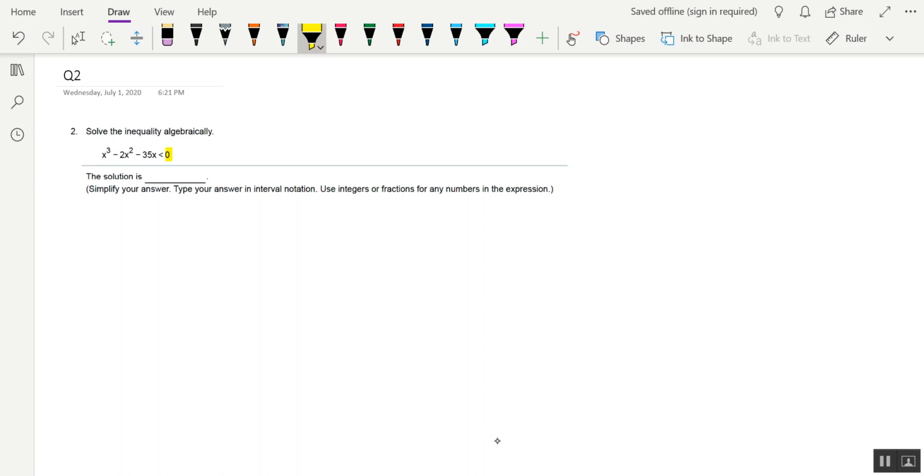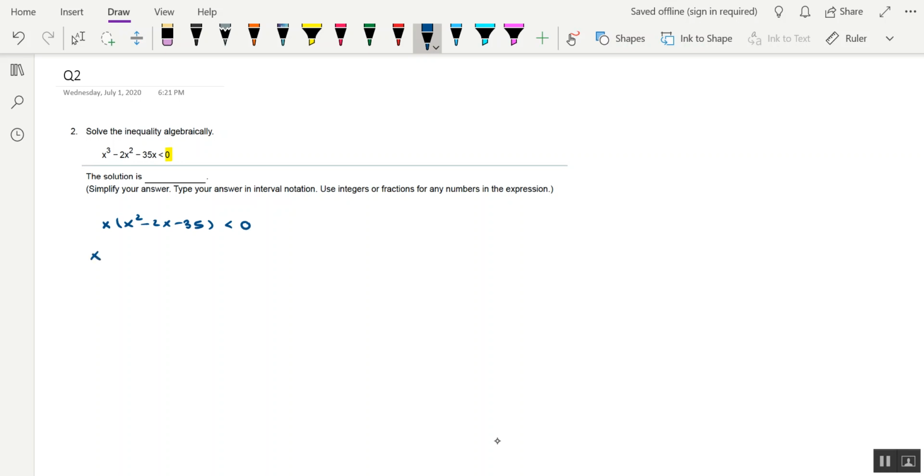But once you have the right hand side as the number 0, what you want to do on the left hand side is factor the polynomial expression if possible. And it's definitely possible. First of all, there's a GCF of x that we can take out. So if we factor x out, what's going to be left over is x squared minus 2x minus 35 is less than 0.